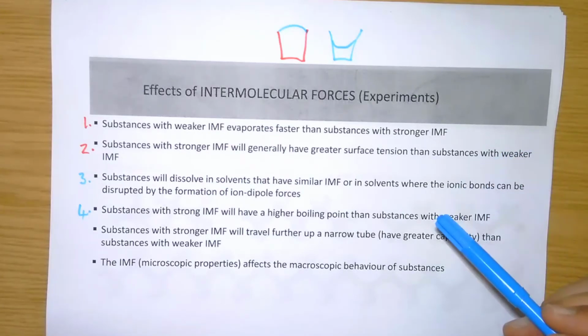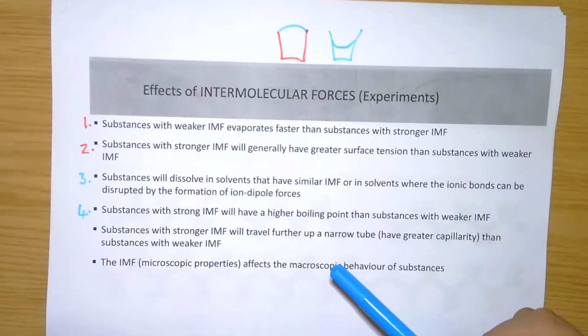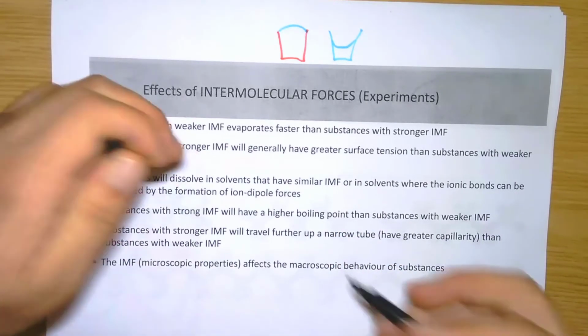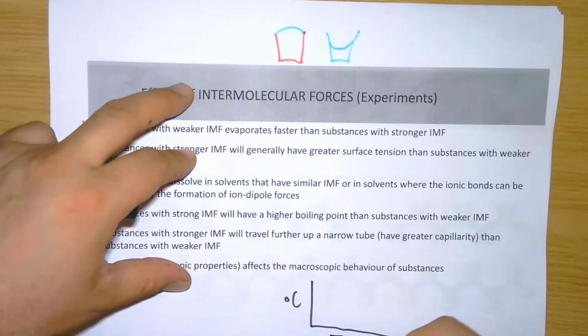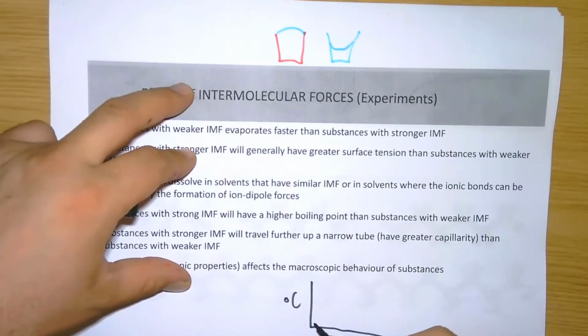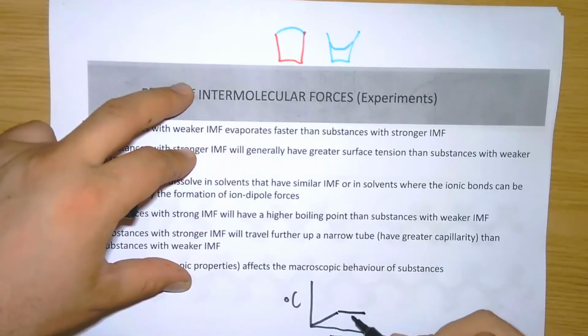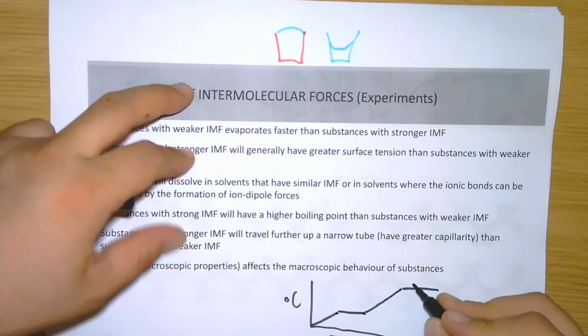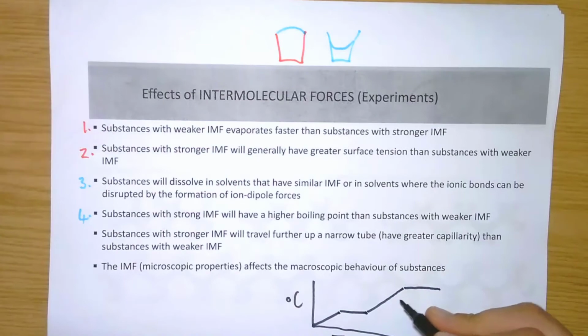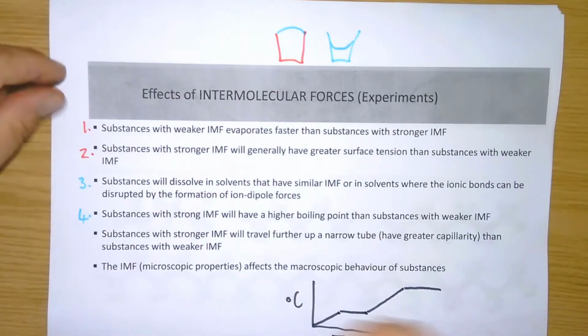If we compare that to other molecules, they boil at a much lower temperature, because remember, from grade 10, when we're dealing with phase changes and we take a look at our temperature time graph, we have to increase the temperature before we get to that plateau where a solid becomes a liquid, and then if we increase the temperature more, we get to our next plateau where we get the change of a liquid to a gas. And water needs to absorb a massive amount of energy before that happens.